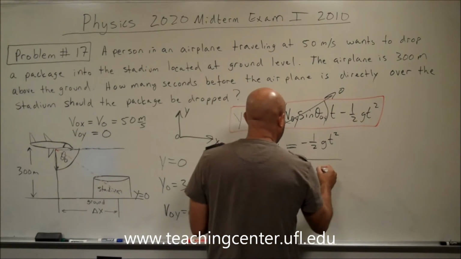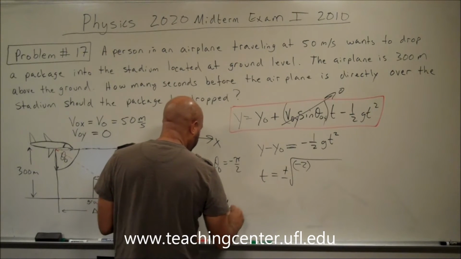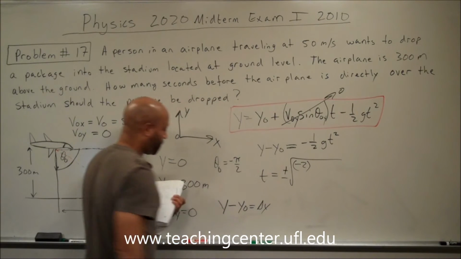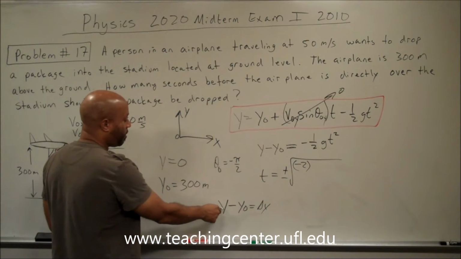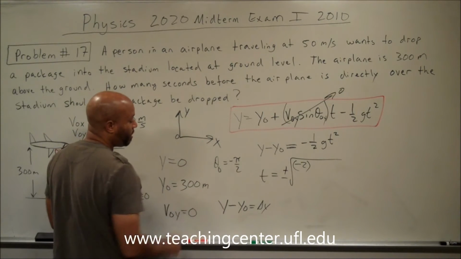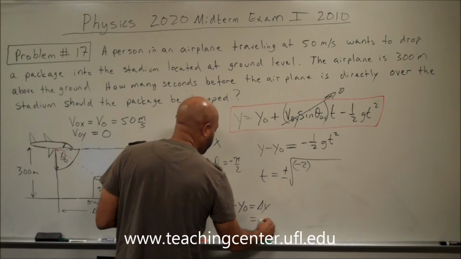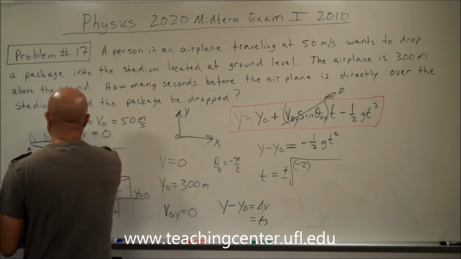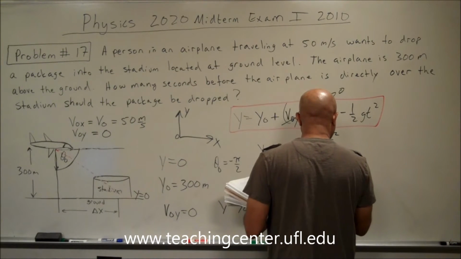And you're going to get delta y. So we know that delta y is y minus y sub 0. So that's delta y. And we know that the initial y, or the final y, is 0, and the initial y is 300. So this term is going to be negative. It's going to have a negative value. So that's going to be negative 300 meters.